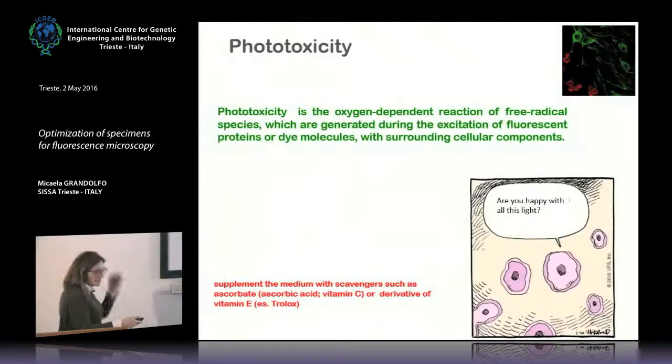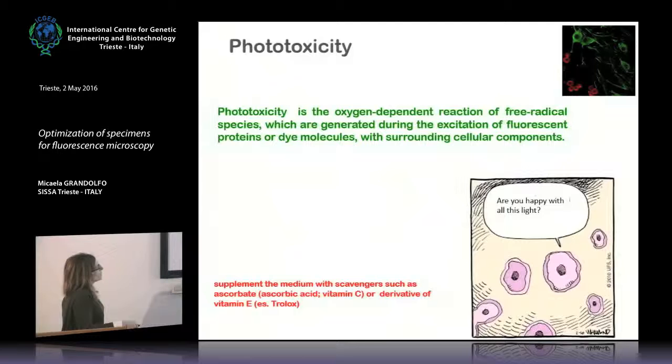Okay, phototoxicity. So phototoxicity is an oxygen-dependent reaction due to free radical species. And these free radical species are generated during the excitation of your fluorescent molecules or dyes. So you cannot avoid this problem because, of course, you need to use fluorescent molecules and you need to have oxygen present in your sample.